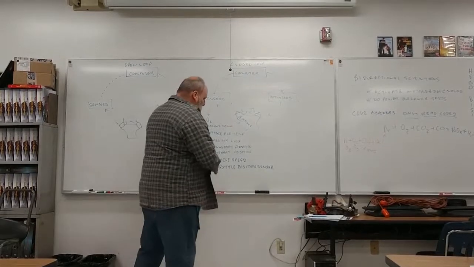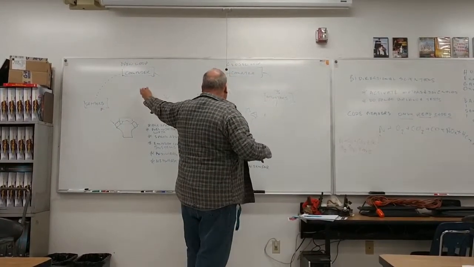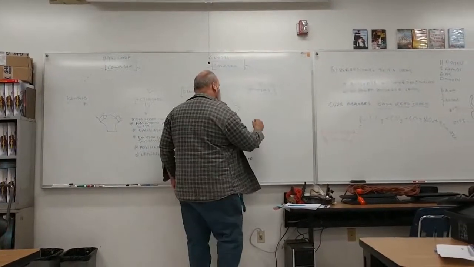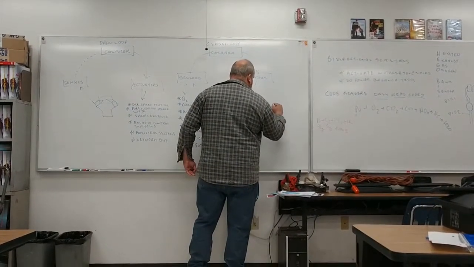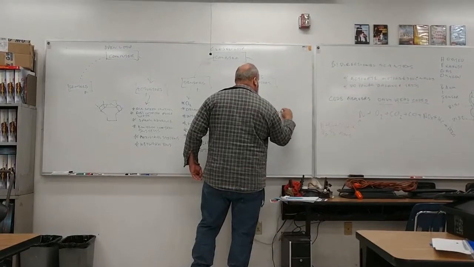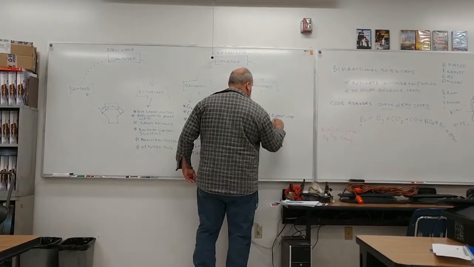So if we wanted to talk about the transition between open loop, which is how we start, and closed loop, which is what we want to get to, I'll write it like this. Open loop to closed loop.